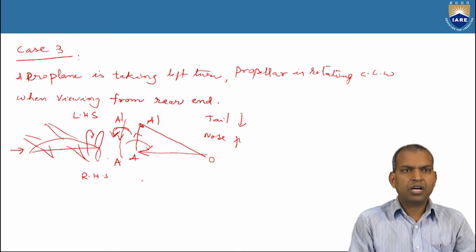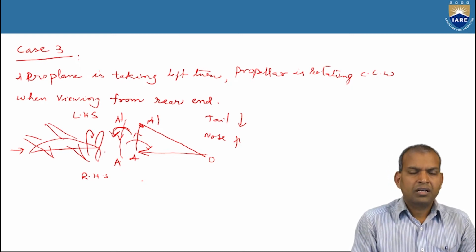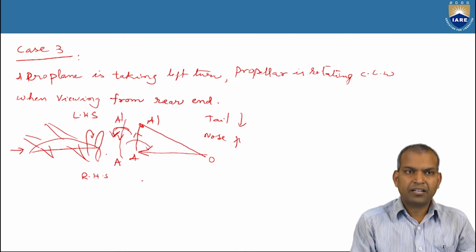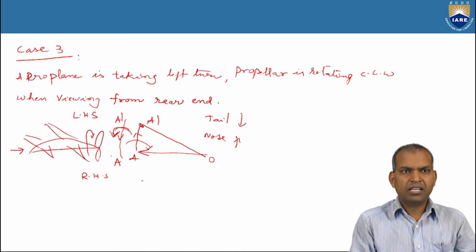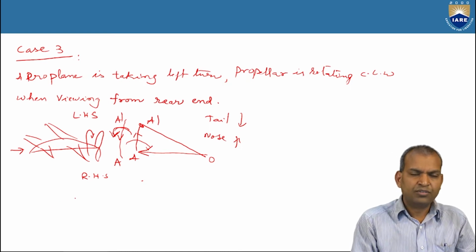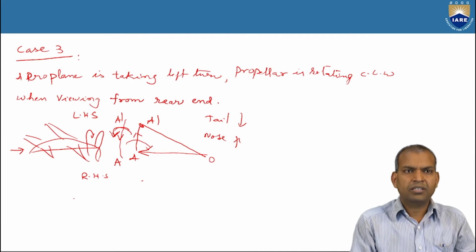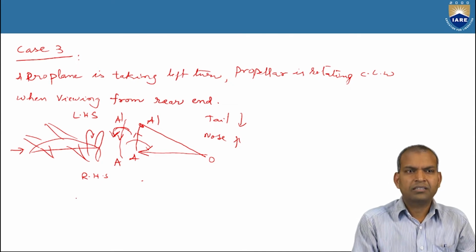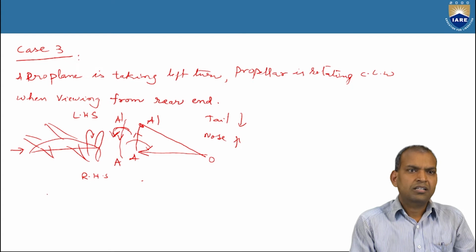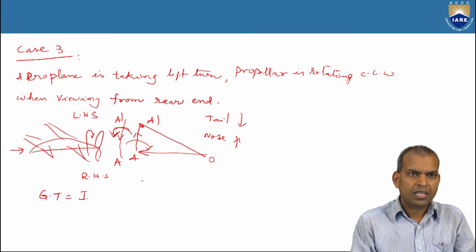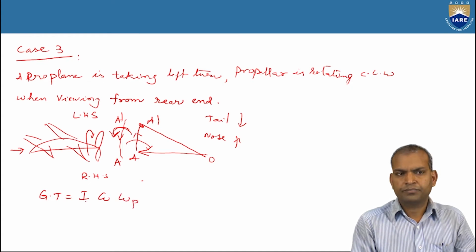Now let us solve some other problems. How to calculate the gyroscopic couple? In this aircraft case, there is only one formula to calculate the gyroscopic torque: GT equal to I times omega P. This I is mass moment of inertia.